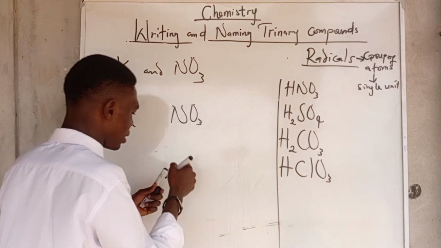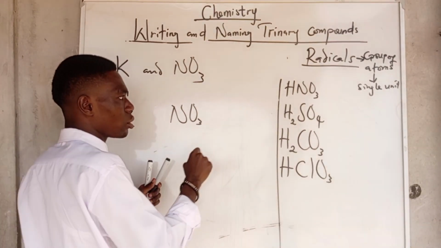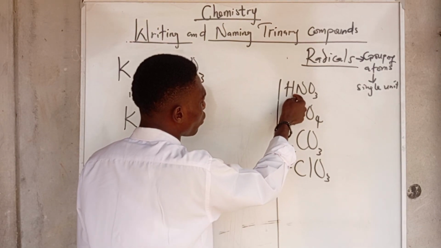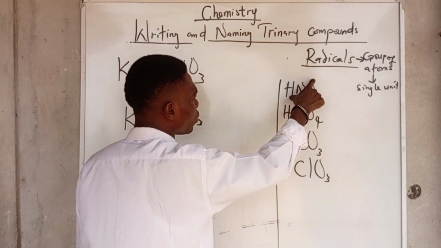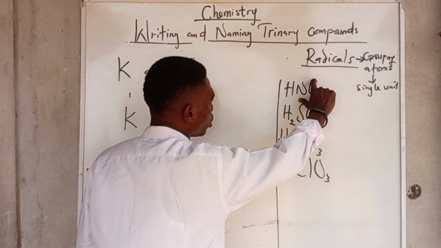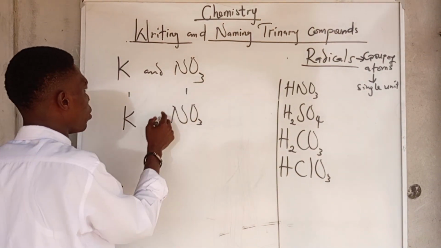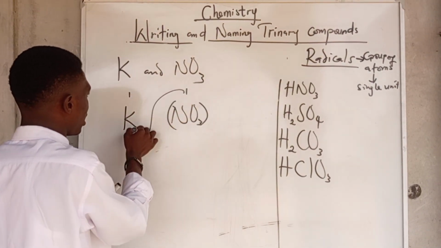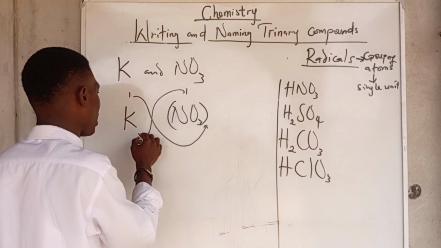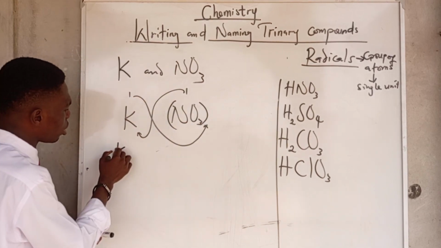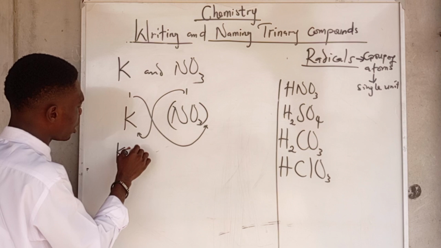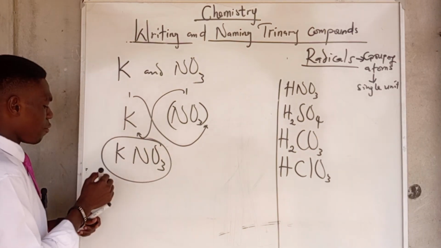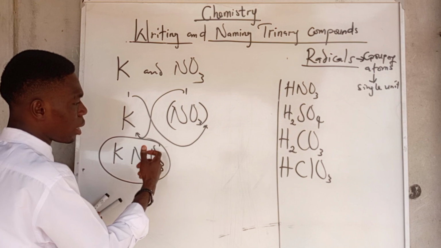The acid from which this NO3 is coming is HNO3. That simply means that since the subscript of hydrogen is 1, the valency of this acid radical ion is also 1. So we take it to be 1. Make sure you treat this as a single unit by putting it in brackets, and then we interchange the valencies as subscripts. This becomes K, and we will not put 1, so KNO3. This is called the chemical formula formed between potassium and NO3.